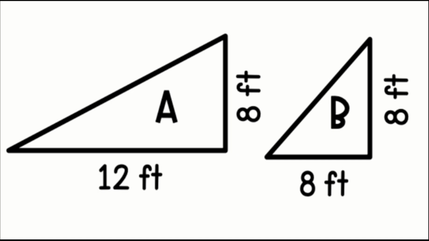The length on the bottom makes it steeper? Robert? Hmm? It's a little more square. Lacey? Why is B steeper? Because the line is going more straight down than the other.